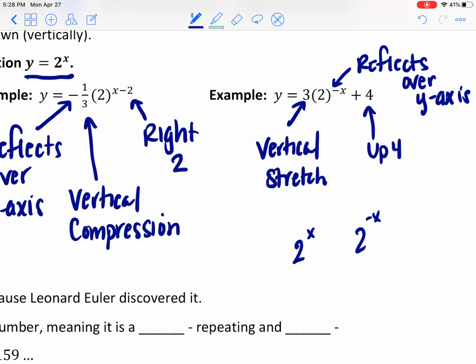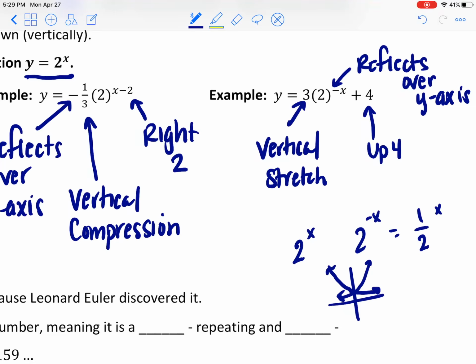And I just want to go back to that reflection over the y-axis. So we have a negative in there in the exponent. And what does the negative exponent do? Okay, if I had 2 to the x power versus 2 to the negative x power, we said on the front there that the negative exponent meant we had to take that base, move it to the bottom of the fraction to make the exponent positive.